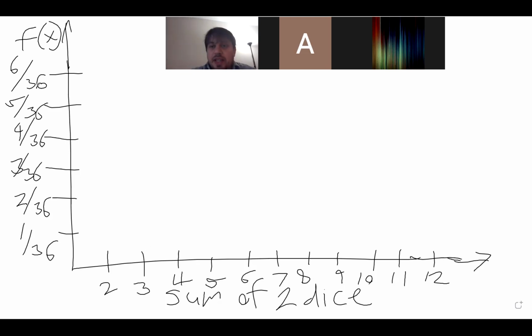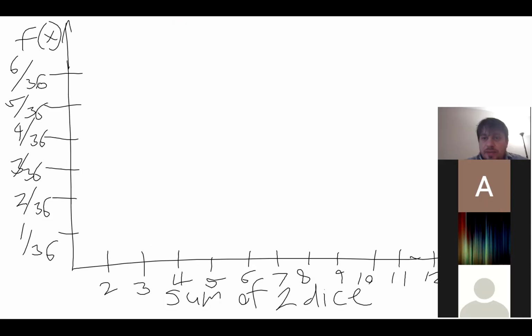Okay. It's easy to get a bar chart and a histogram confused between one and the other. I don't know if the screen's moving around for you. I'm trying to fix. Okay, you should be able to see the whiteboard. So the sum of 2 dice, it has a 1 over 36 chance of happening. And so to express that, you just draw a bar like this. Okay.